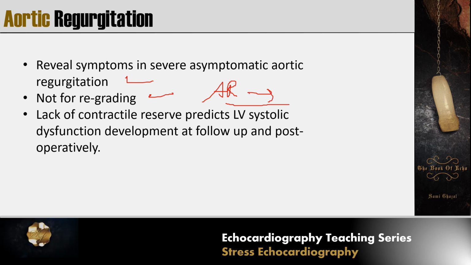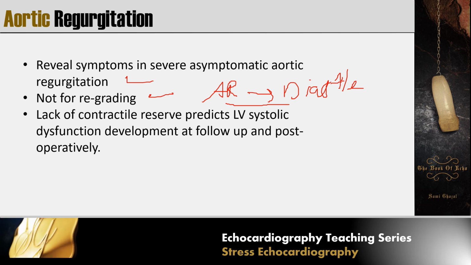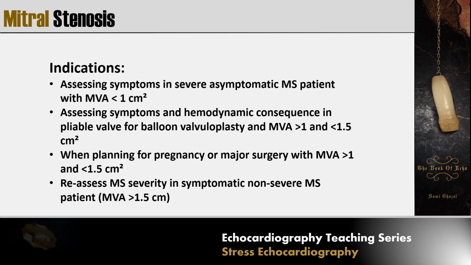So with exercise, diastole is shorter, so aortic regurgitation will be shorter, will be less. So it is not for regrading. But lack of contractile reserve predicts LV systolic dysfunction at follow-up and post-operatively. So there is some indication, but again, it's not for regrading aortic regurgitation.